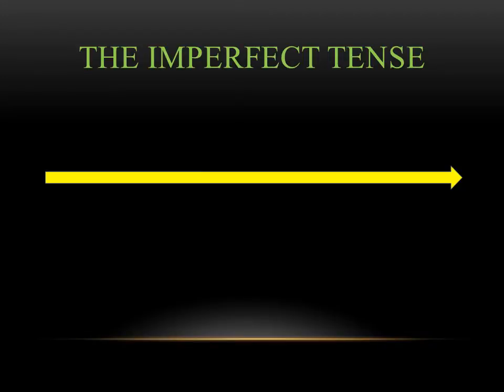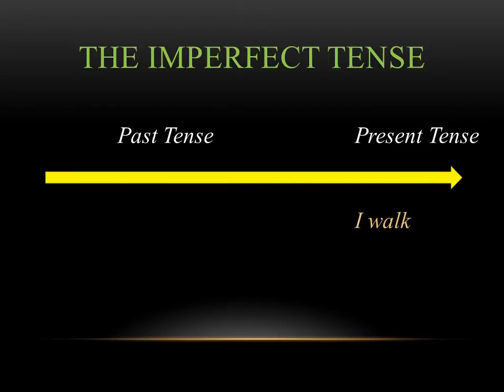If we're thinking of an arrow of time, for instance, you might add in the present and the past tense. And for the present tense, we would say things like, I walk. Now, if we put that into the past in English, you would say, I walked. By adding that ed, you're making it a past tense verb, and you're telling your listener or your audience that the action isn't happening right now, it happened before in the past.